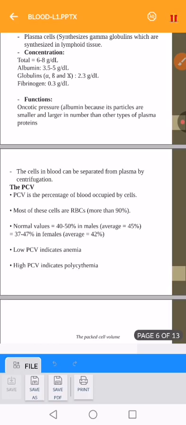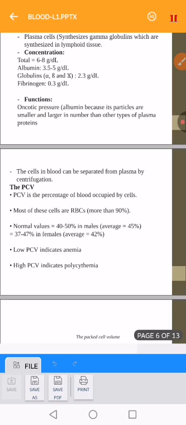Low PCV indicates anemia and high PCV indicates polycythemia. So I expect a question here: why do we call low PCV anemia and high PCV polycythemia? Anemia means low hemoglobin or low RBCs, and polycythemia means high hemoglobin or high RBCs.